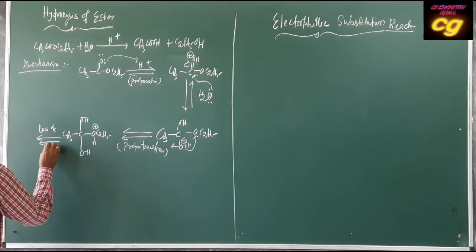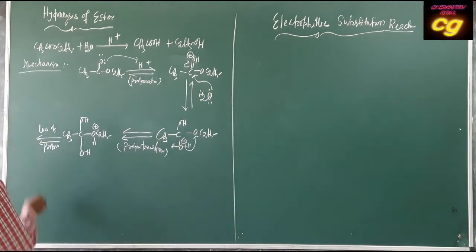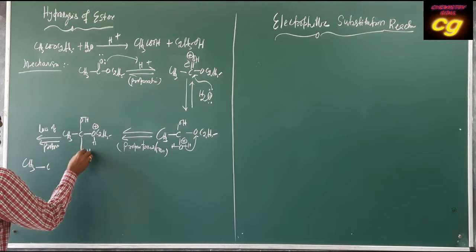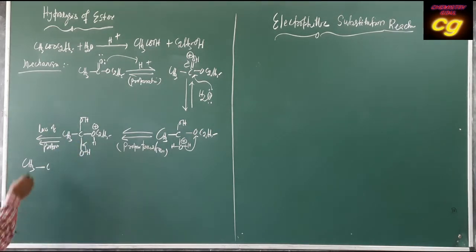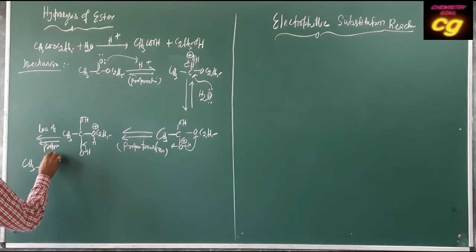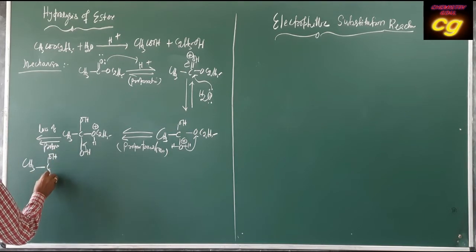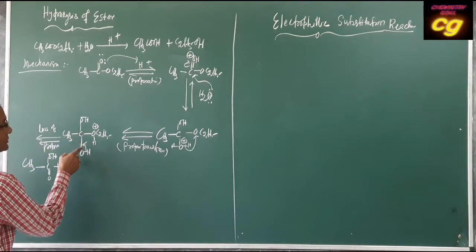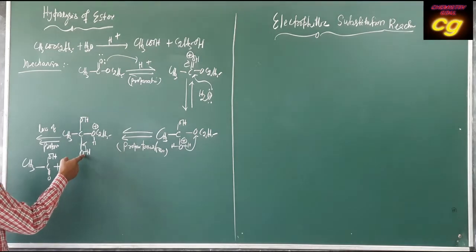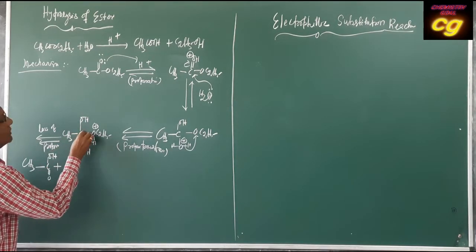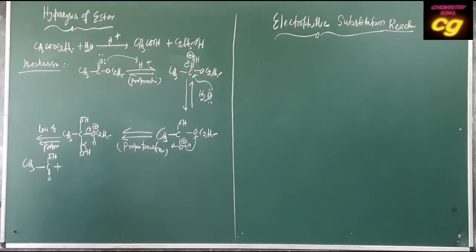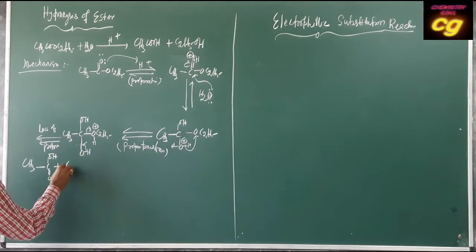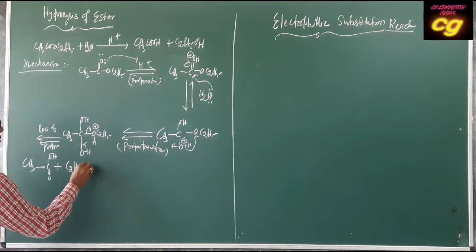Loss of proton occurs. Then the product will be CH3, C, OH, double bond O, plus. When this OH lone pair converts to a pi bond, this bond will break simultaneously, so that carbon satisfies the tetravalency and alcohol is removed.